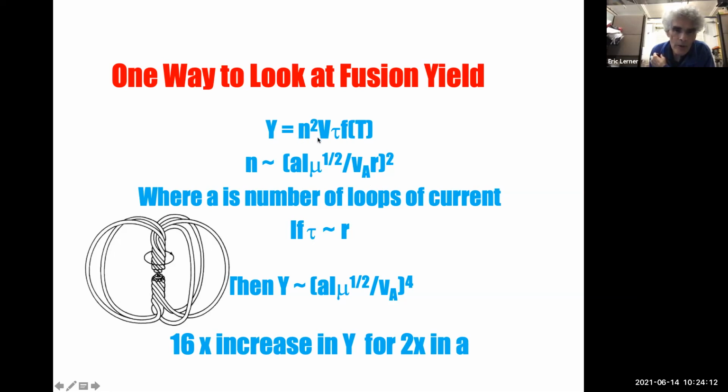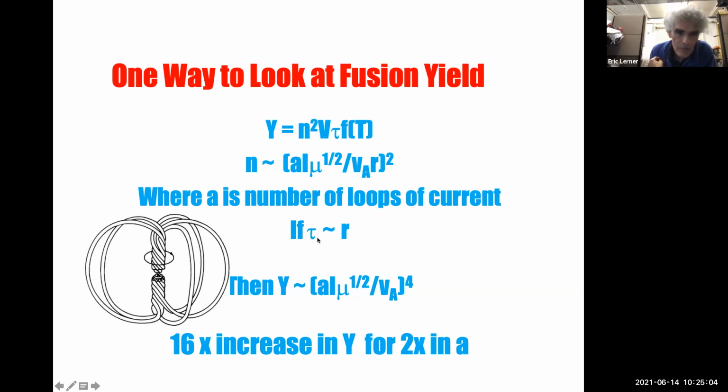If you take the normal formula for yield, n squared, volume, tau, and a function of temperature, which is the cross-section reaction rate term, then by doing a little algebraic manipulation, you get this formula, which is n goes as A, the number of loops in this plasmoid, times the current, mu to the 1/2, divided by the Alfvén velocity times the radius, all squared.